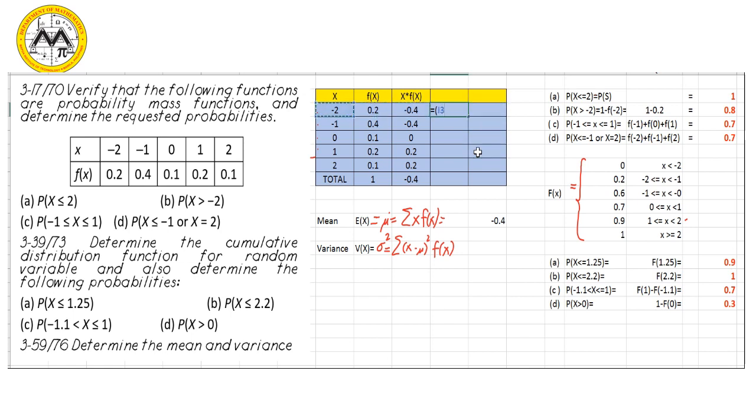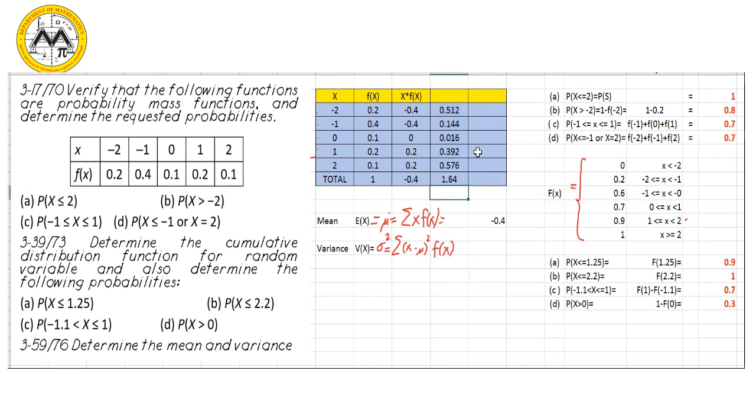So that would be x minus negative 0.4, so plus 0.4 squared times the probability. So we do that for all the terms, and then we take the sum.